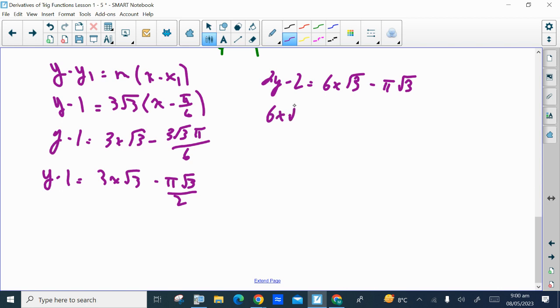We'll get 6x root 3 minus 2y minus pi root 3 plus 2 equals 0. So there's the equation of that tangent line at the point where x equals pi on 6.